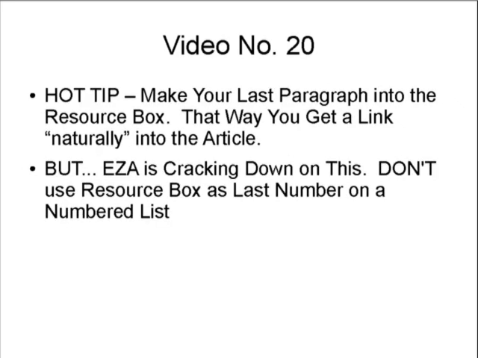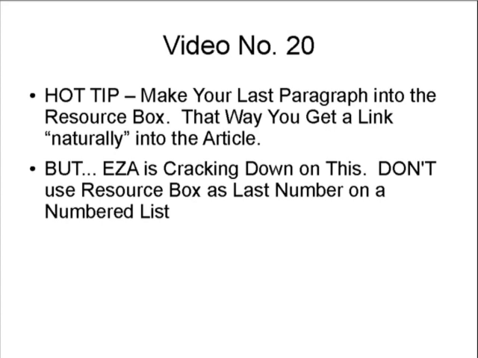Now here's a hot tip, although it's becoming a lukewarm tip as we speak. Make your last paragraph into the resource box. Remember, in the article itself, that's the give, and you're not allowed to promote your own site. But if you use your last paragraph as the resource box itself, you get to put a link in that, and it flows kind of naturally.